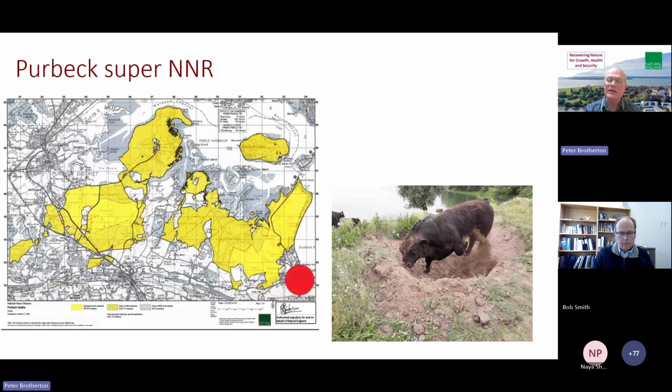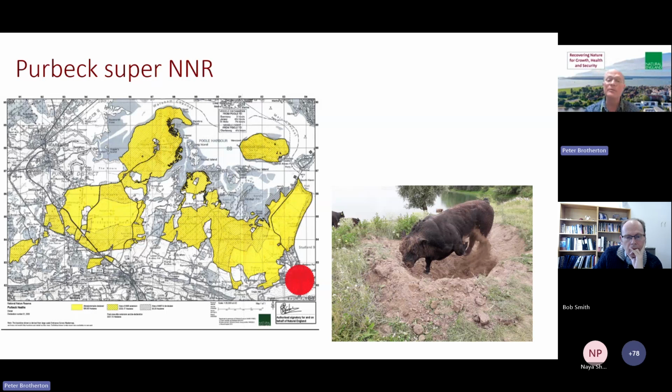When we get those power stations, such as this Super National Nature Reserve at Purbeck, what we can do is begin to up the scale of the way we manage it. So creating this much bigger space, about 2,500 hectares, has allowed the partners, which include National Trust, RSPB, ourselves, and Forestry Commission, to do radical things like bring in mixed herds of cattle.